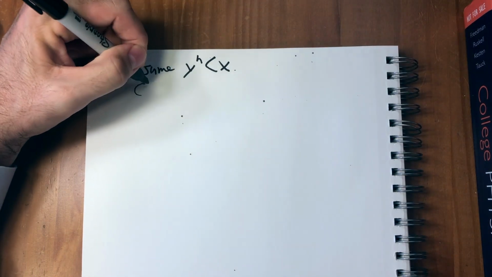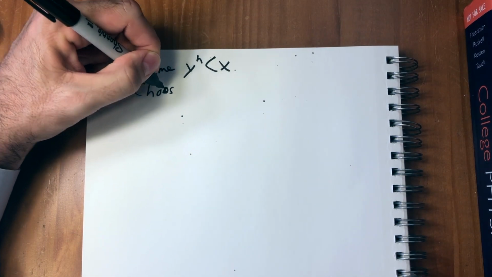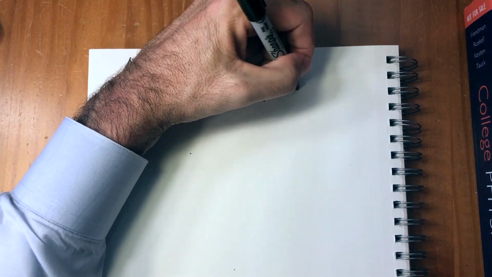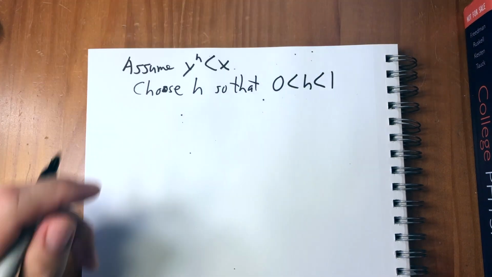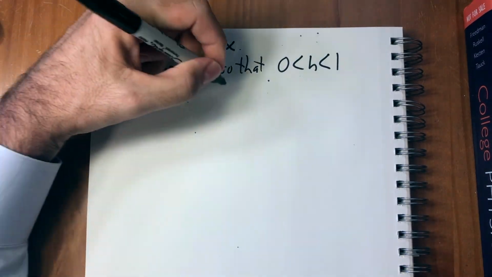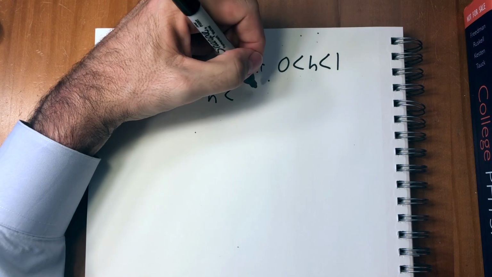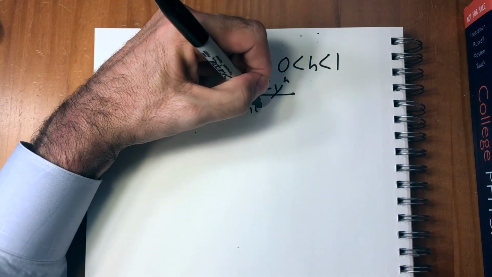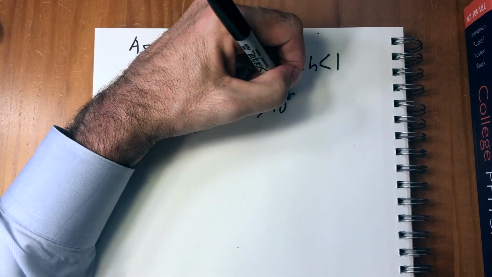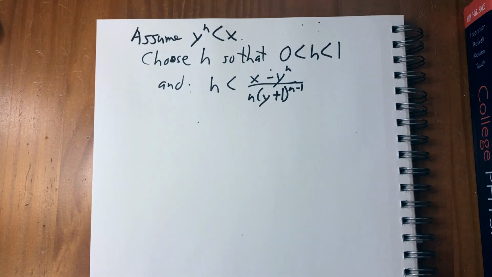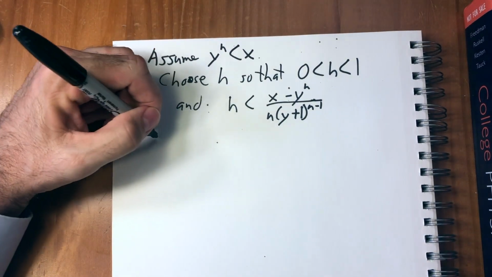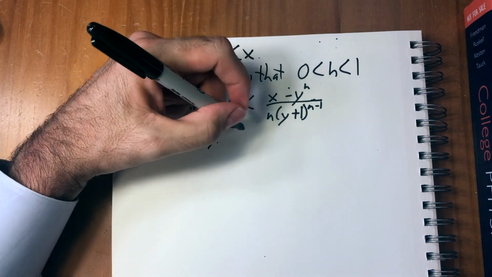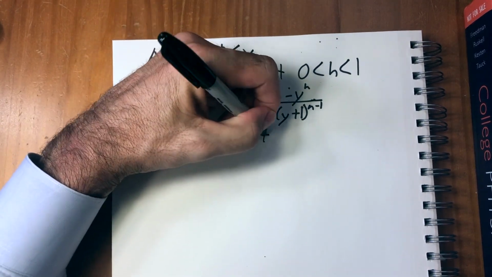Choose h so that h is between 0 and 1, and h is less than (x minus y to the n) over n times (y plus 1) to the n minus 1. Okay? Put a equals y, b equals y plus h.